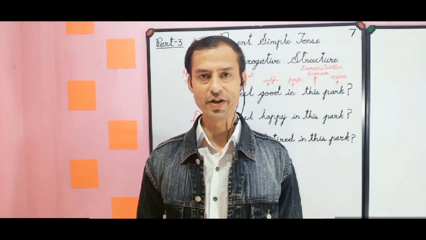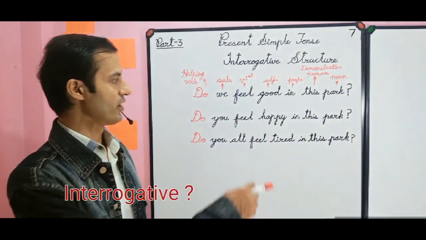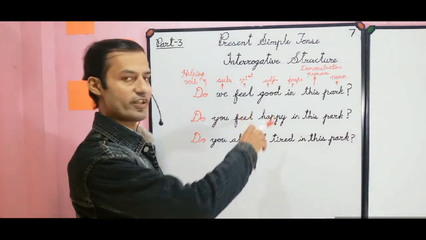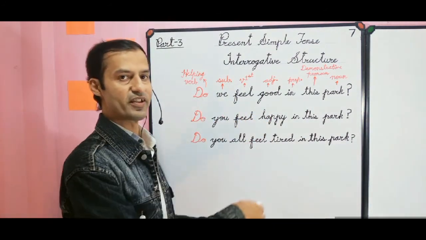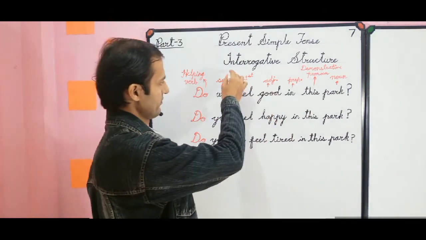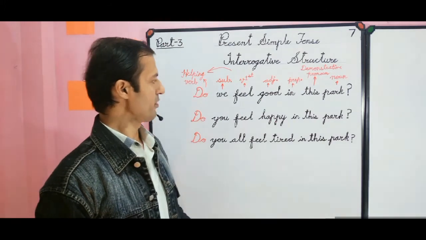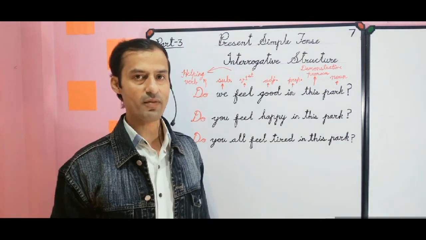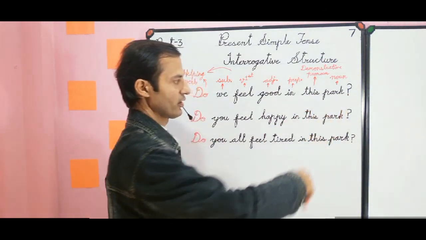So this is the interrogative structure of present simple tense. And as in this sentence, do you feel good in this park? So do is always placed at the beginning of the sentence. And remember that we put a question mark at the ending of the sentence. This is the question mark.